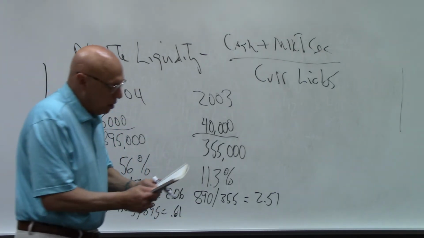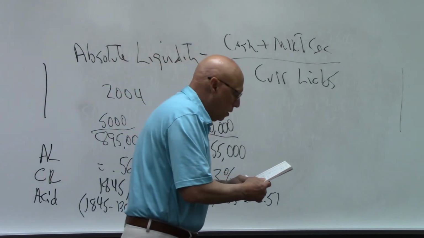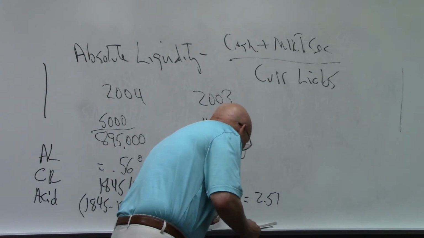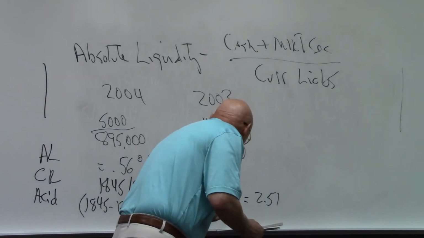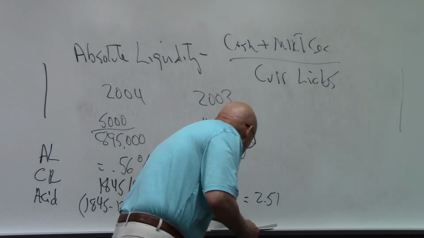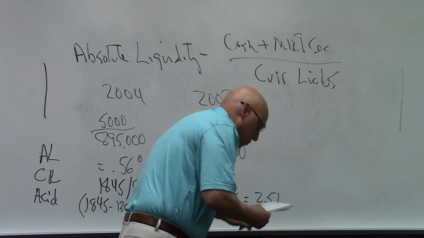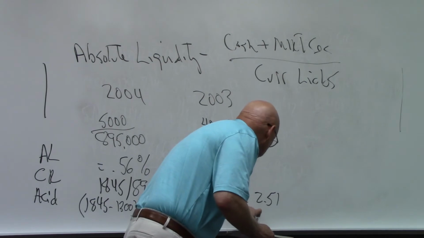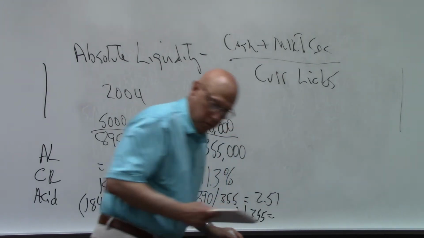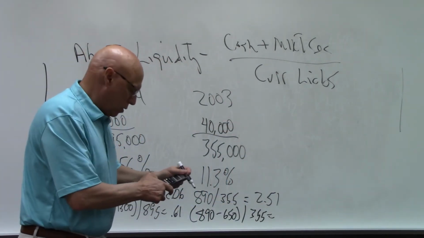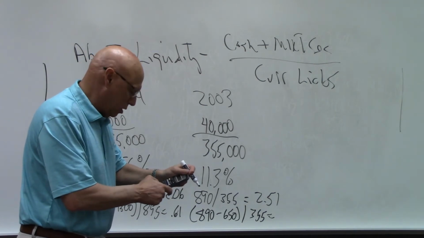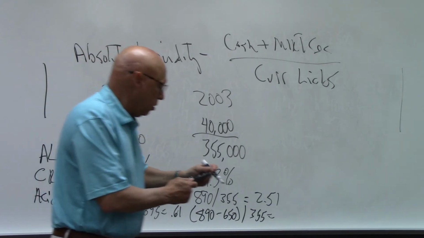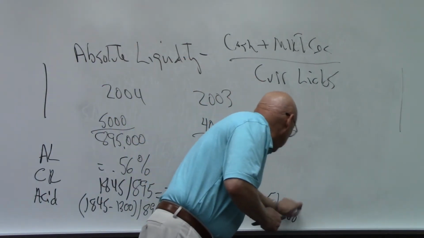And then we'll do 890 minus 650 divided by 355, and we have 0.68.